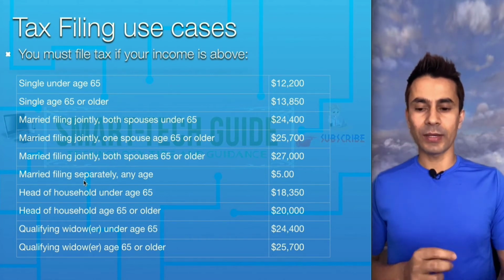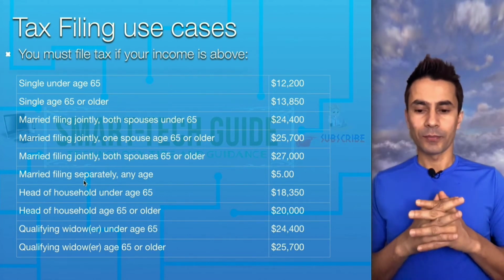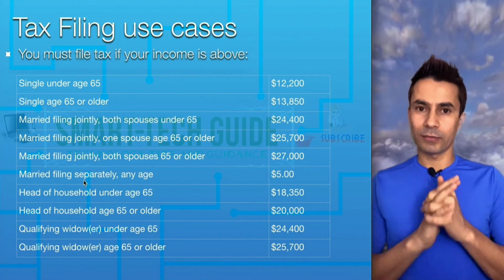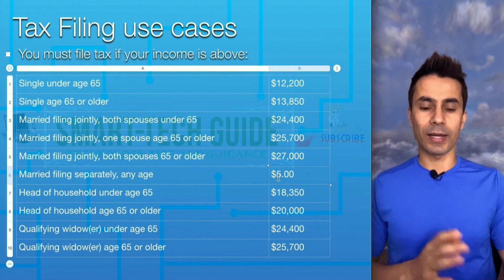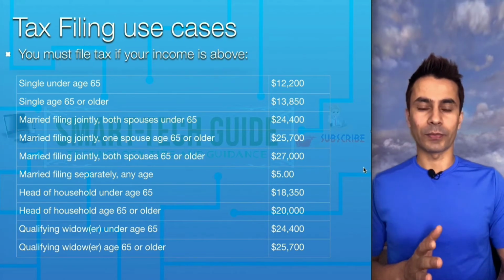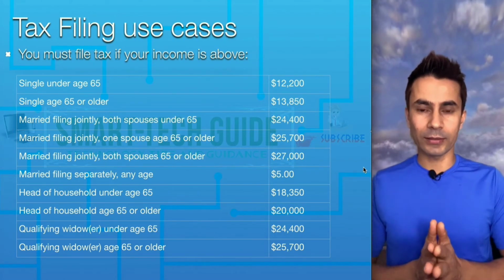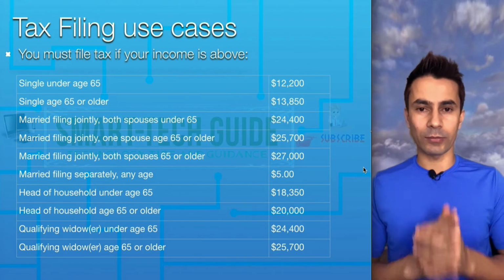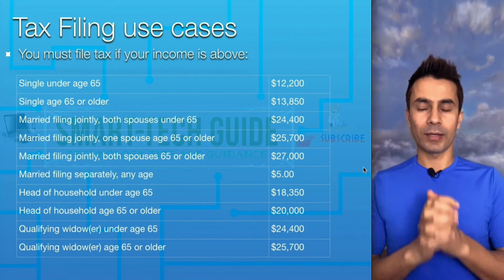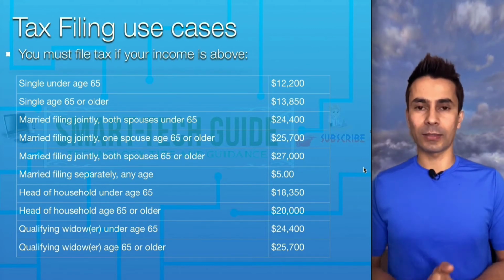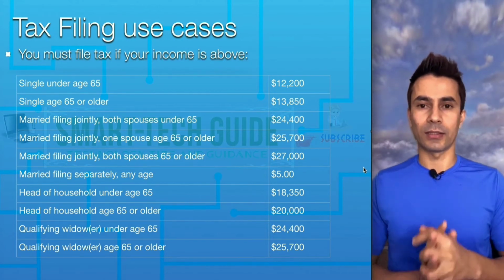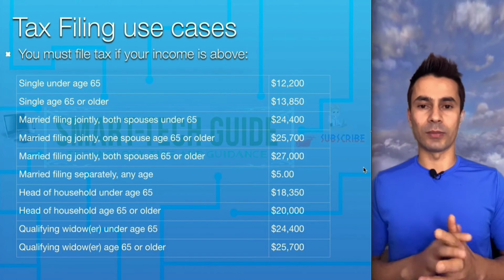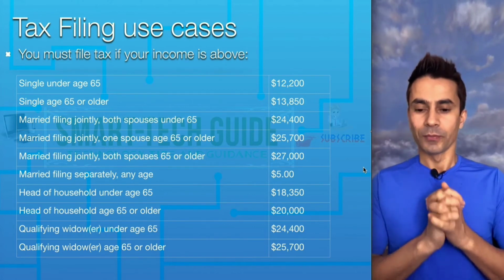If you are married filing separately, look at that, this is different: $5. If you have income of $5 or above and you are married filing separately, you have to file taxes on federal and all the states you live in except the states I mentioned before.